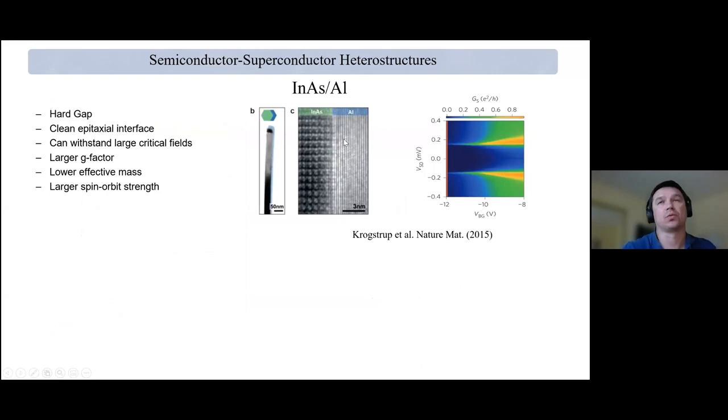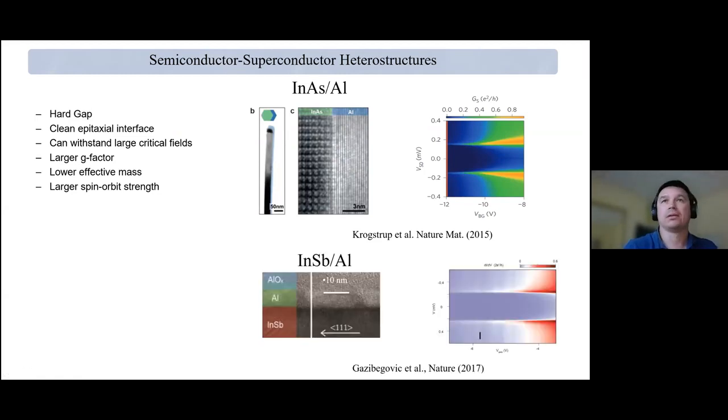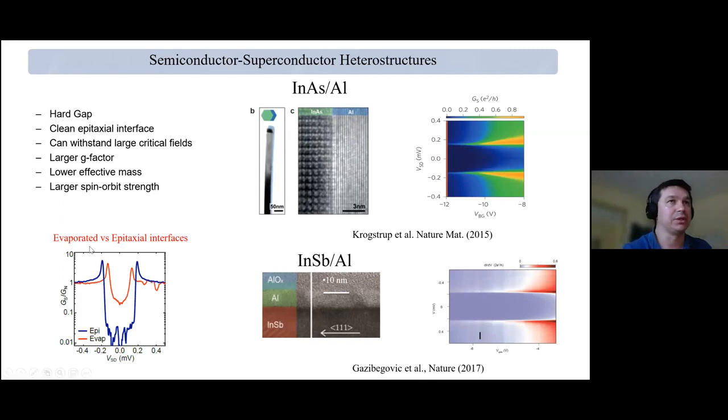And here's work from Peter Krogstrup and collaborators, where they realized epitaxial interfaces, which indeed improve the quality of interfaces significantly. Later on, similar high quality interfaces were realized with indium antimonide and aluminum, and the point that I wanted to illustrate here is that interface physics is very important.